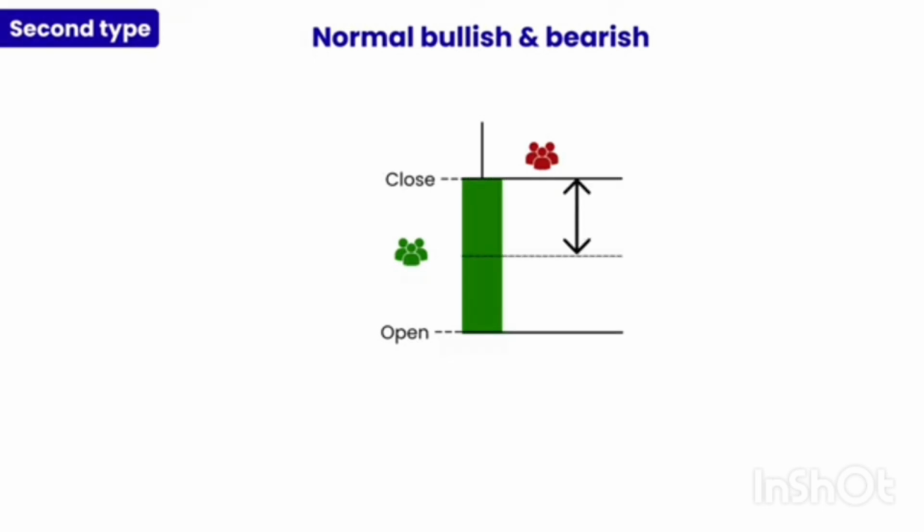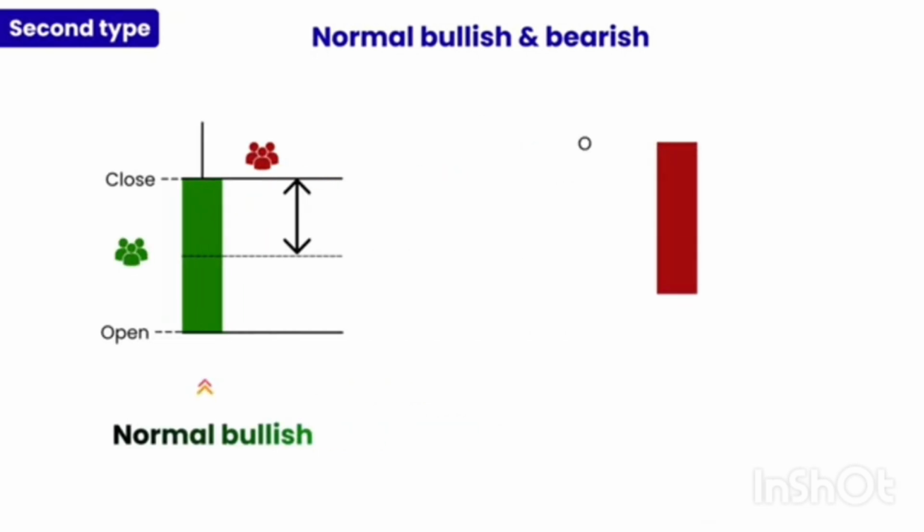Number 3. Weak bullish and weak bearish candles. Suppose buyers push the price higher, but sellers enter aggressively before the close and force the price down significantly. If the upper wick is much larger than 50% of the candle body, it is called a weak bullish candle.